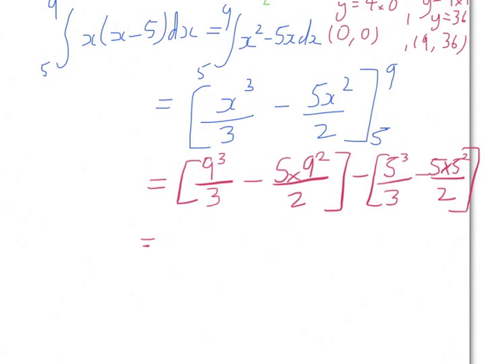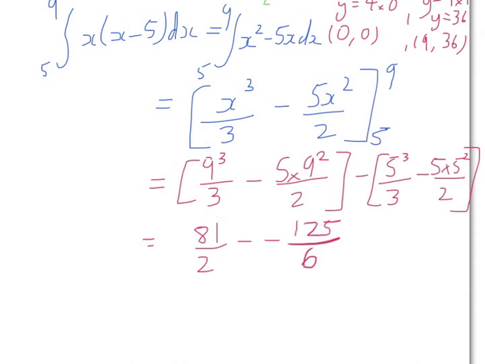And if we find out what these two bits are equal to, the first one here is equal to minus 81 over 2, and the second part here is equal to minus 125 over 6. Well, a minus becomes a plus, so the area under the curve is 184 divided by 3.